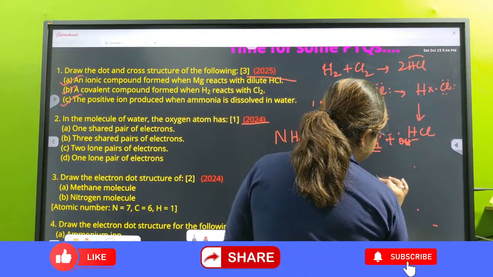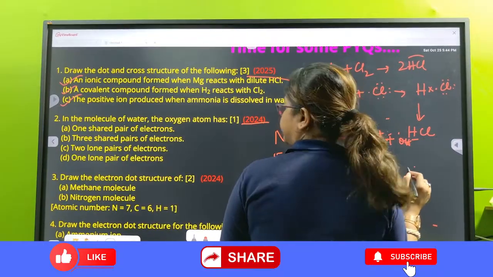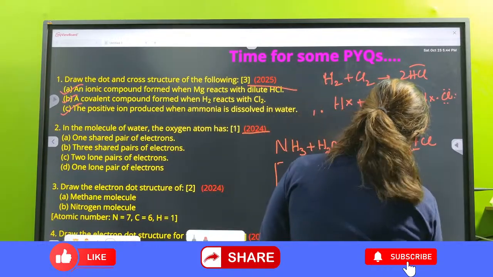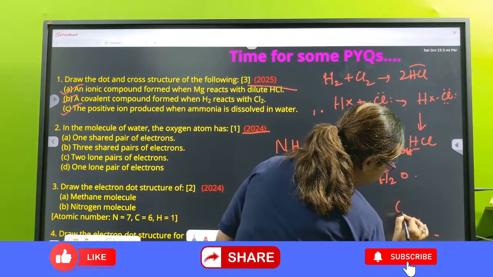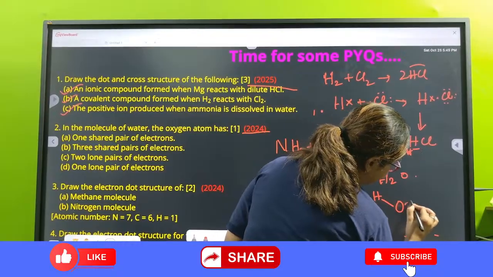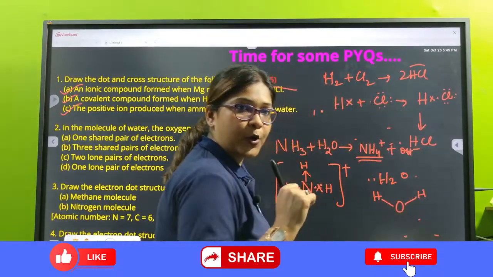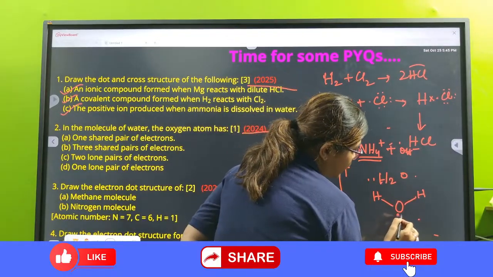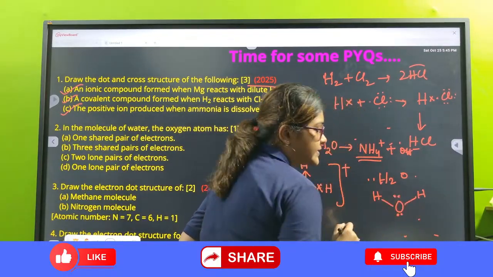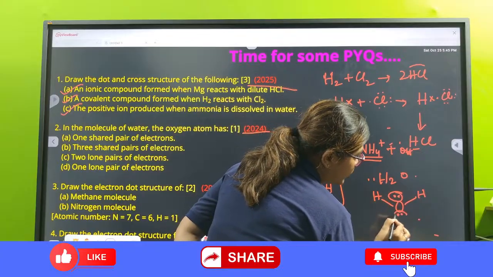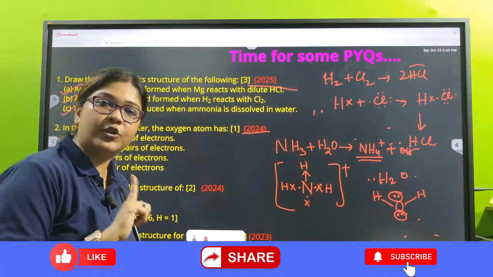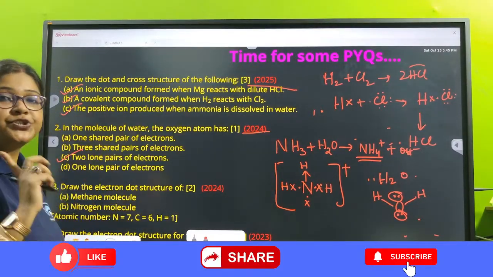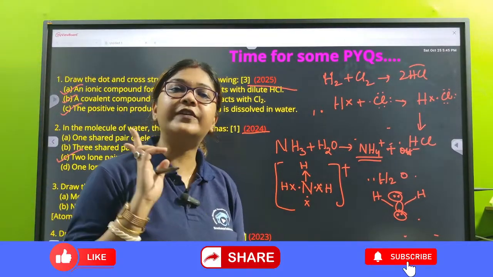It is water. So water has 2 covalent bonds of the oxygen with 2 hydrogen atoms. So it has ultimately 2 lone pairs of electrons left on the oxygen atom. Therefore, the answer is C, which is 2 lone pairs of electrons.